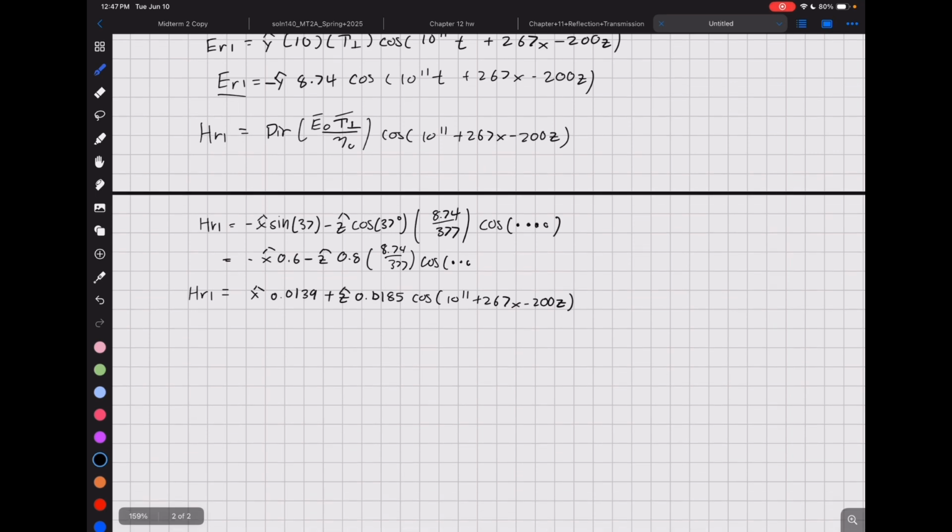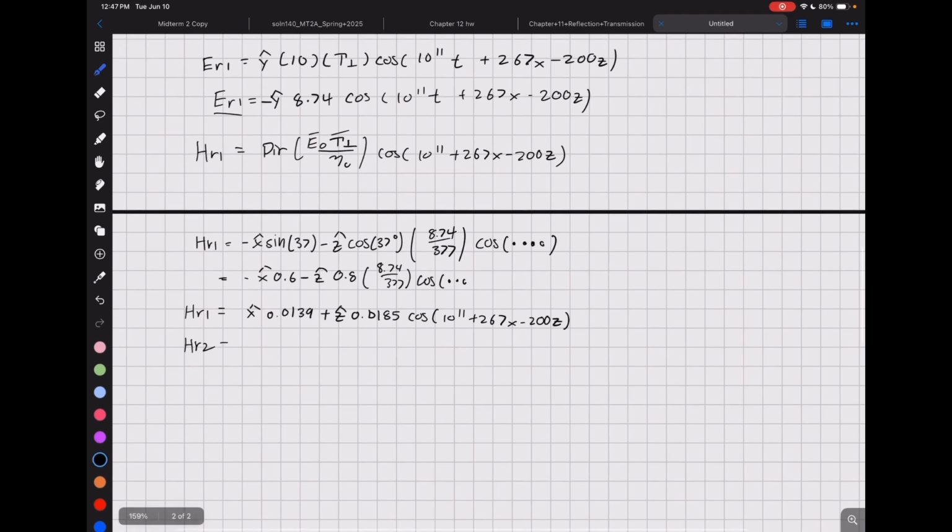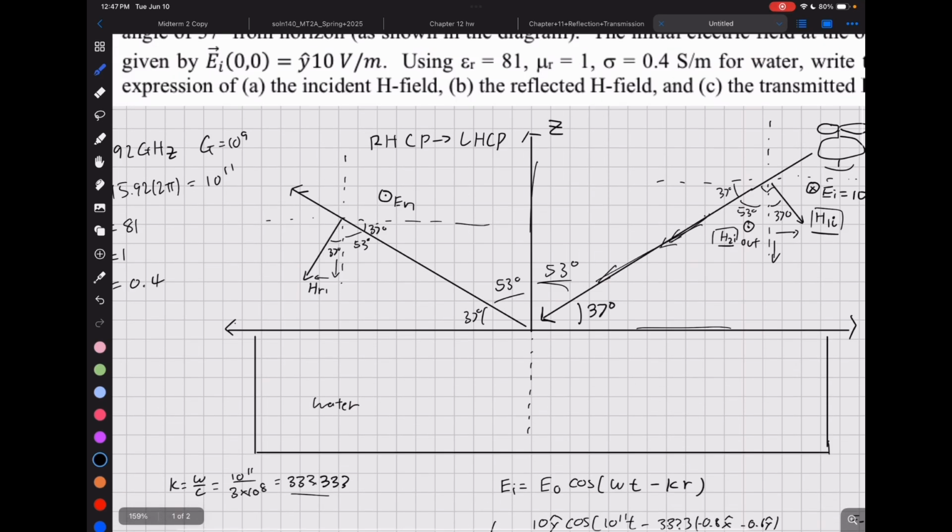Next, we need to find H reflected 2. Using our left hand to find the H reflected 2, K is pointing, our thumb is going to be pointing this way. Our fingers are going to be pointing down, so we know that our H reflected 2 is going to be into the page in the y direction.